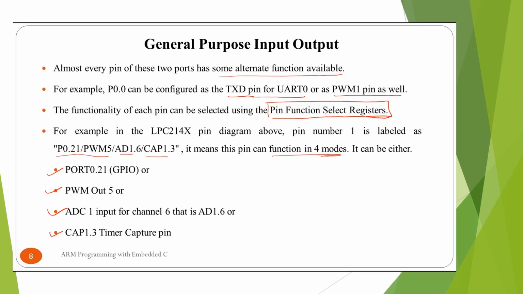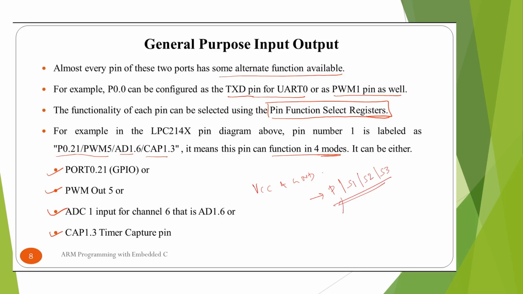Minimum 2, maximum 4, except VCC and ground. So each pin has a primary function and also secondary 1, secondary 2, and secondary 3 functions. So 4 functions are available for each pin.